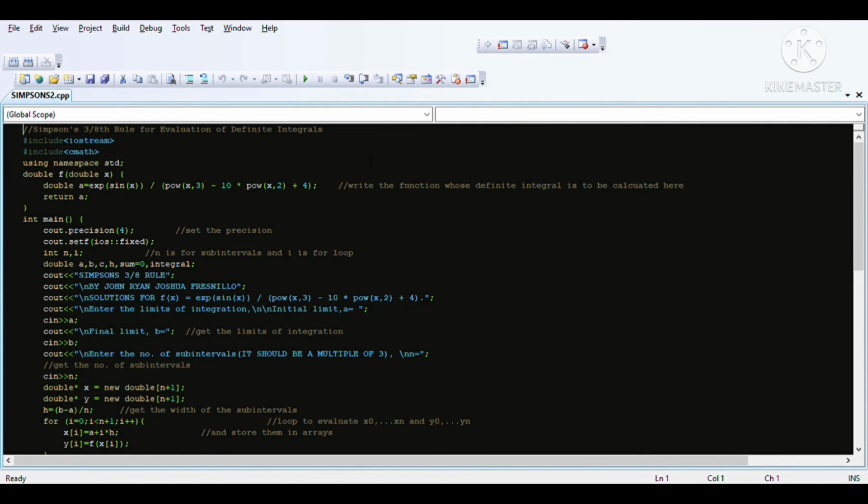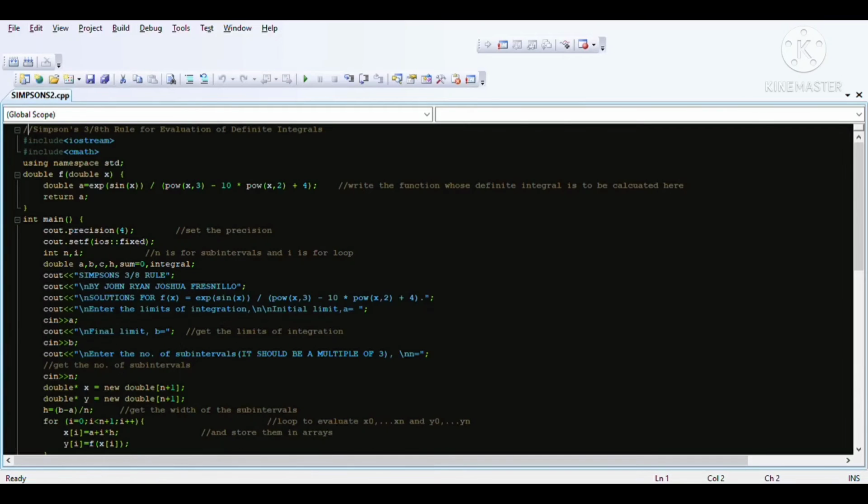In the C++ Microsoft Visual Studio, I have a program code. We will get it in the Solution Explorer, and this is my program code. As you can see, Simpson's 3/8 rule for evaluating definite integrals.